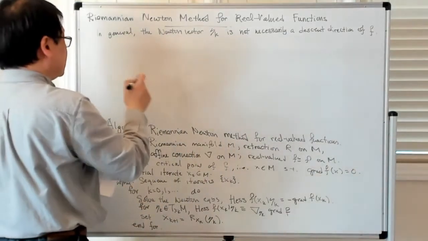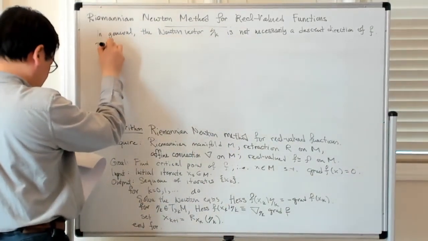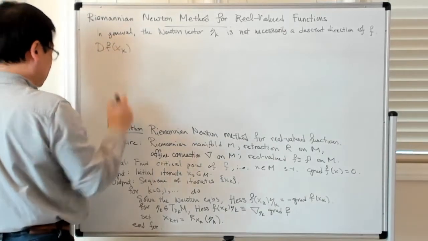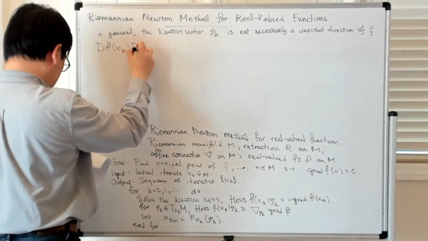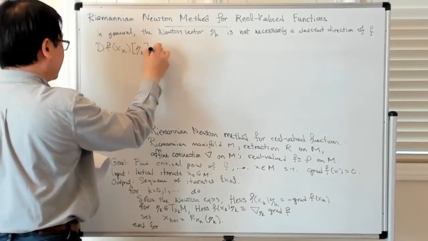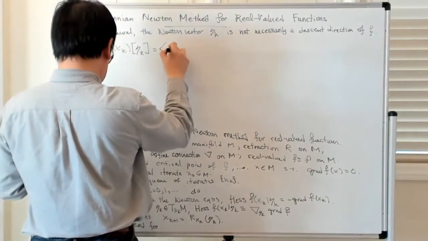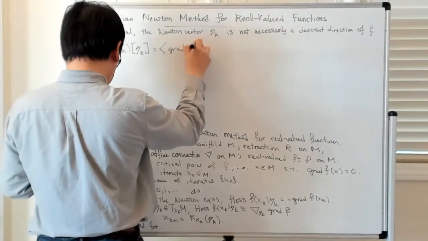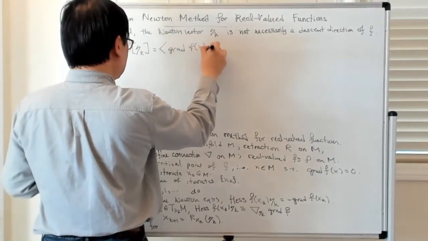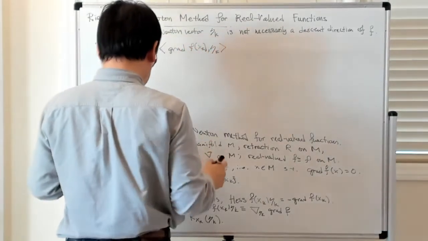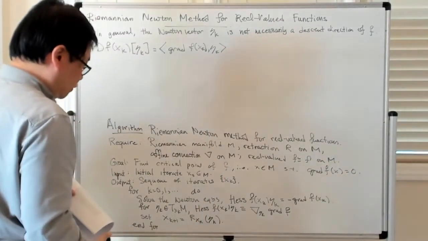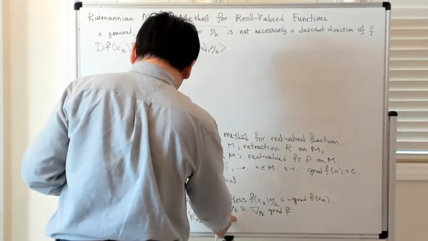All right, so let's just see what happens, right? So if you take this derivative in this search direction, this is equal to the gradient of f at xk in this direction, right? And then we have an expression for what that is, right?